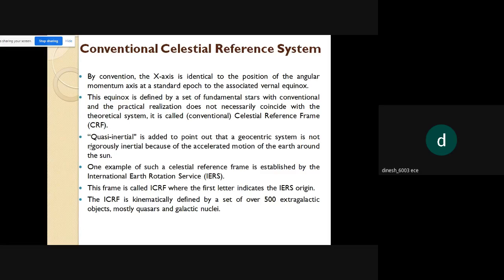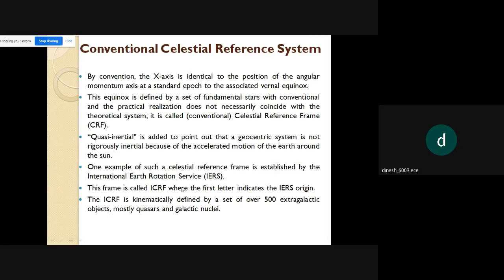The quasi-inertial point is used because the geocentric system doesn't have rigorous inertia. Why? Because the accelerated motion of the Earth around the Sun is not rigorous, so we take a quasi-inertial scheme. One example of such a celestial reference system is the IERS, International Earth Rotation Service.